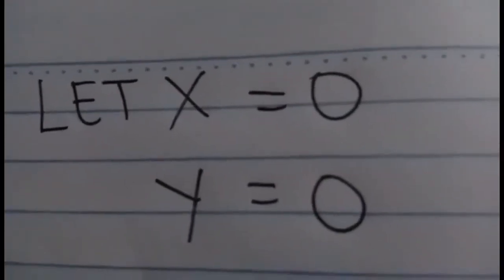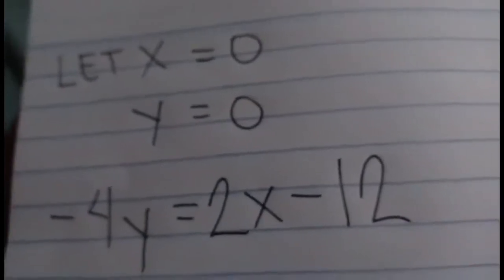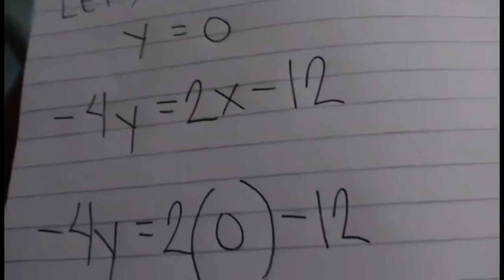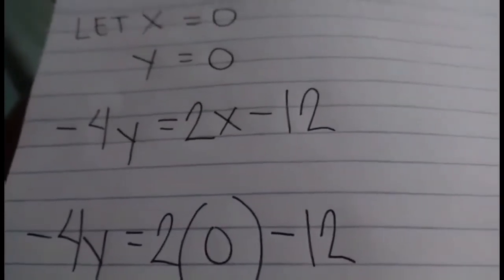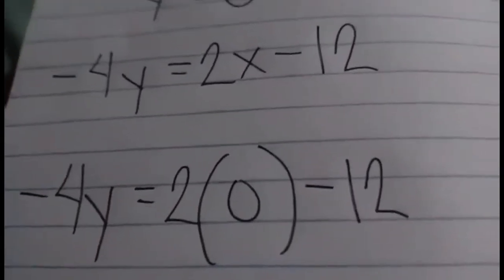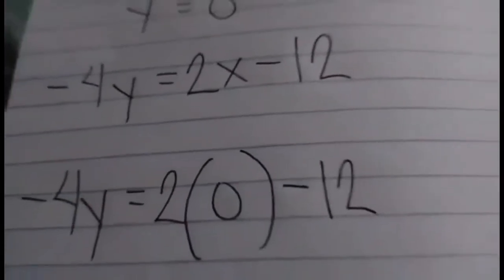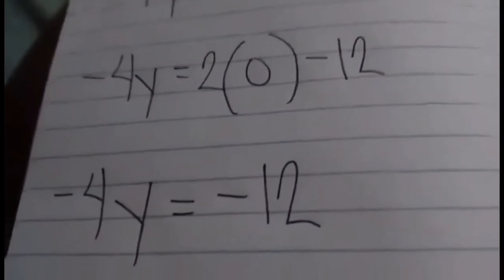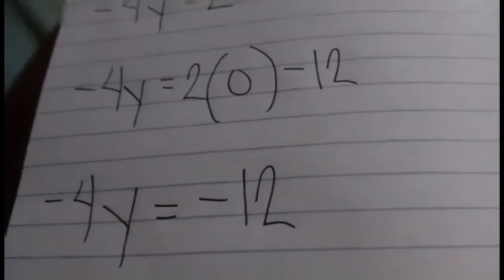After that, we have to let x be 0 and y be 0. Let's start with the first one. Negative 4y is equal to 2x minus 12. So let x equal 0. Negative 4y, we change 2x to 0, so negative 4y is equal to negative 12.